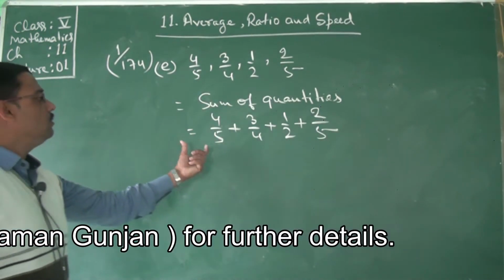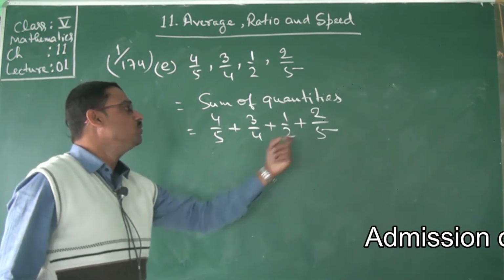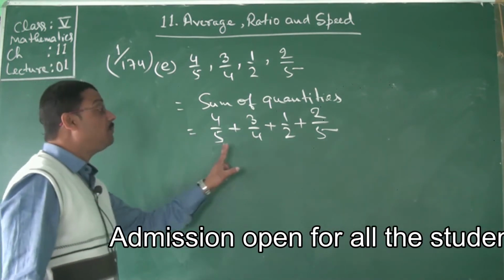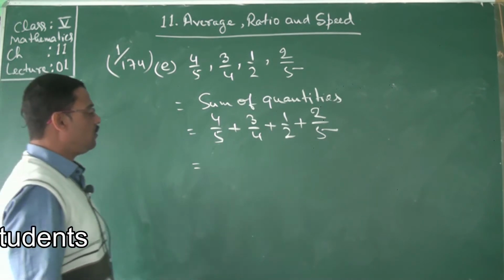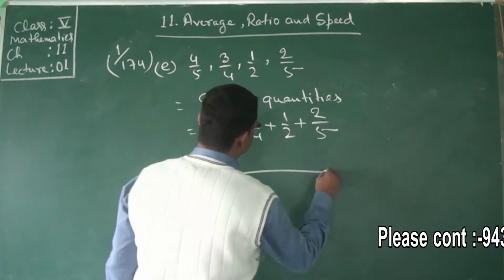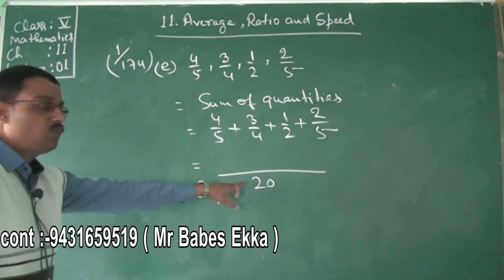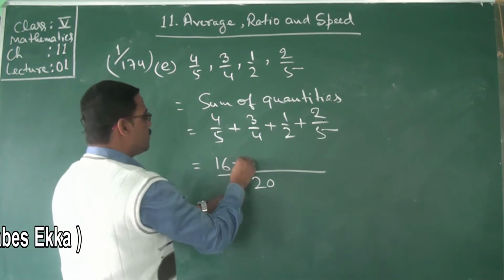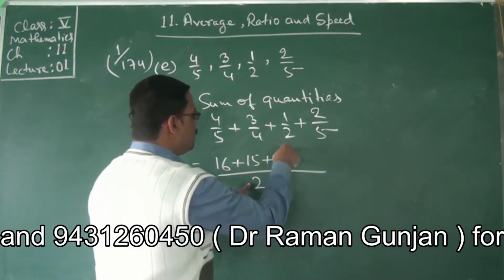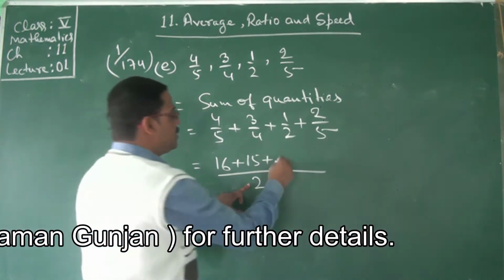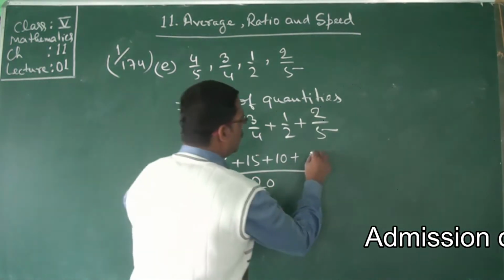The LCM of 5, 4, 2 and 5 will of course be 20. 5 4s are 20, so 4 4s are 16, plus 4 5s are 20, so 3 5s are 15, plus 2 10s are 20, so 1 10 is 10, plus 5 4s are 20, so 2 4s are 8.